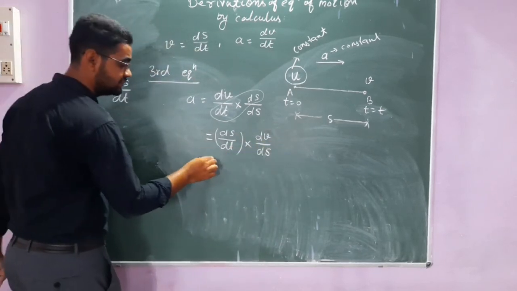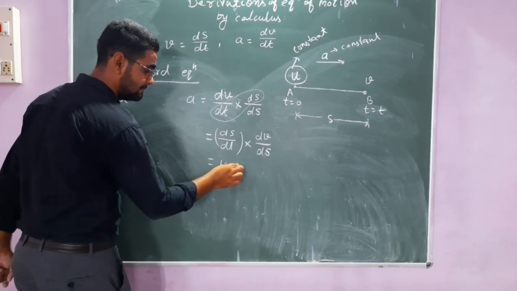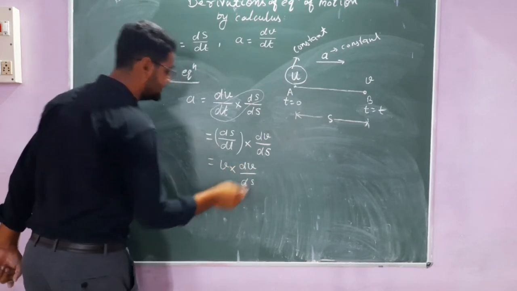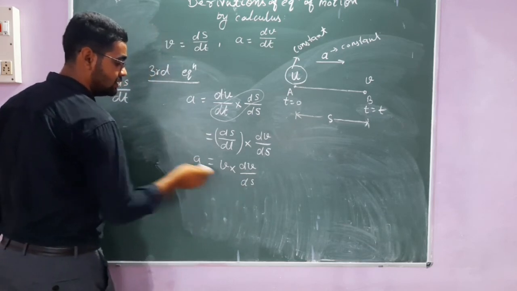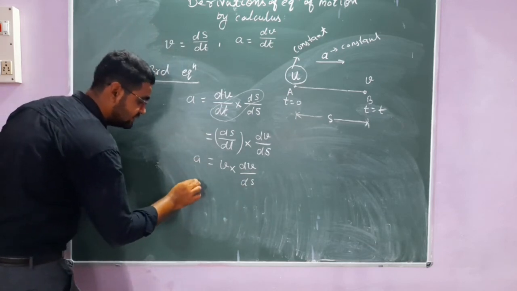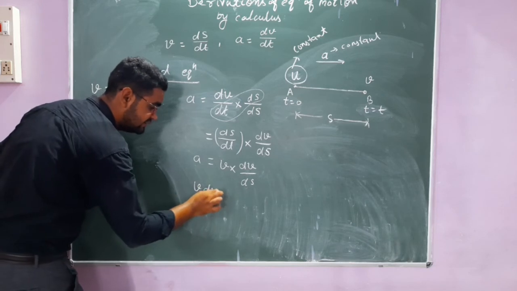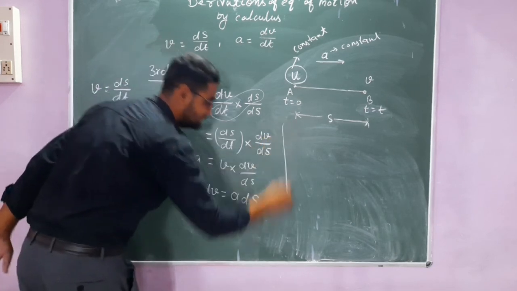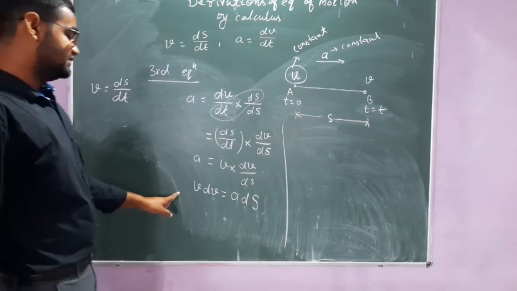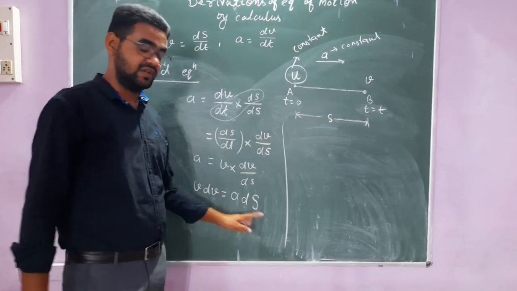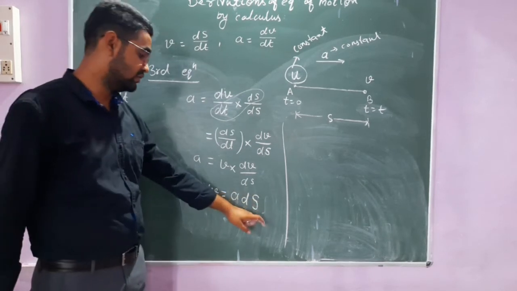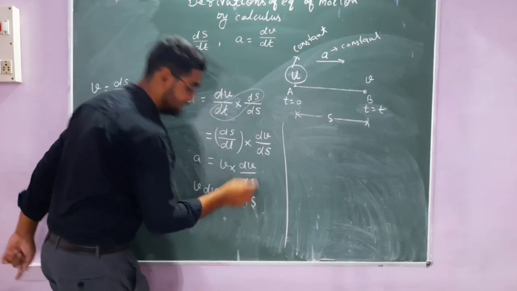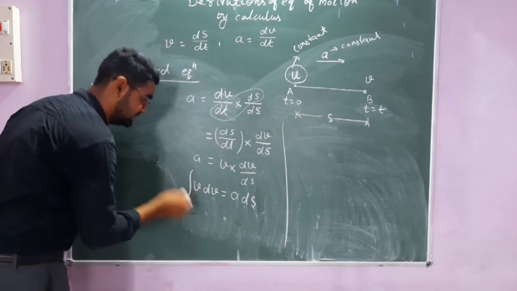Then this will become v multiplied by dv by ds, which is a, or we can say that v dv is equal to a ds. This is a type of differential equation. If we have to find the original equation, then we have to integrate it. Then apply integration.